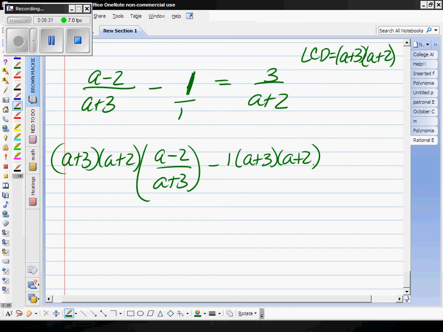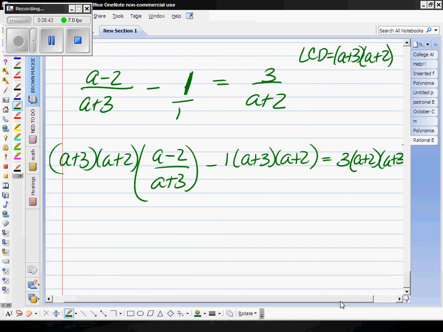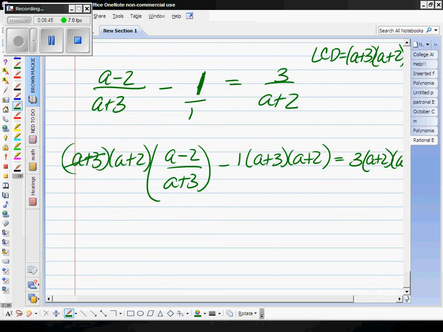Make sure I wrote that down correctly. Yep. Equals to 3 times a plus 2 times a plus 3. Okay, so if I'm looking at this, this crosses out with this, and then I'm left with a plus 2 times a minus 2.